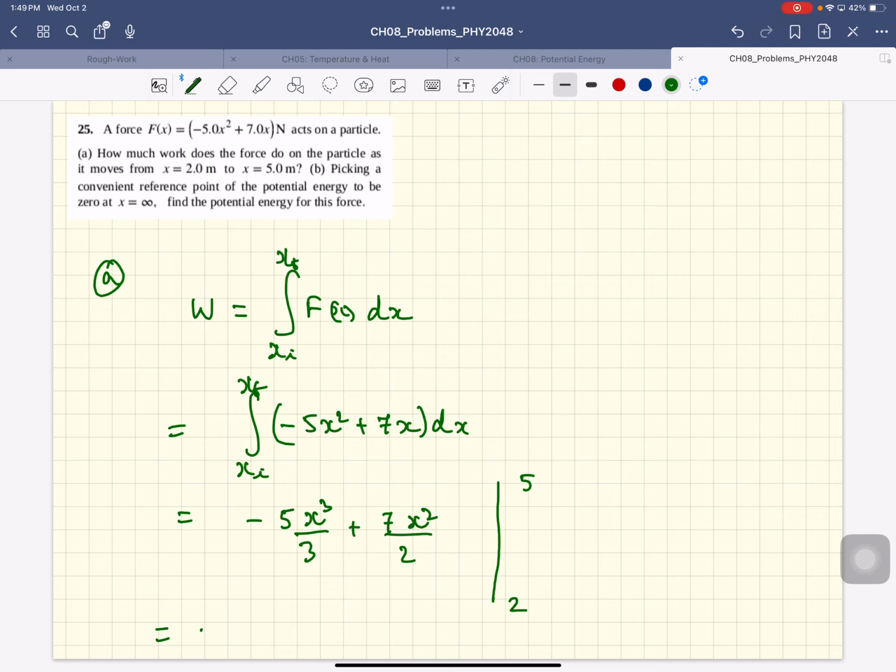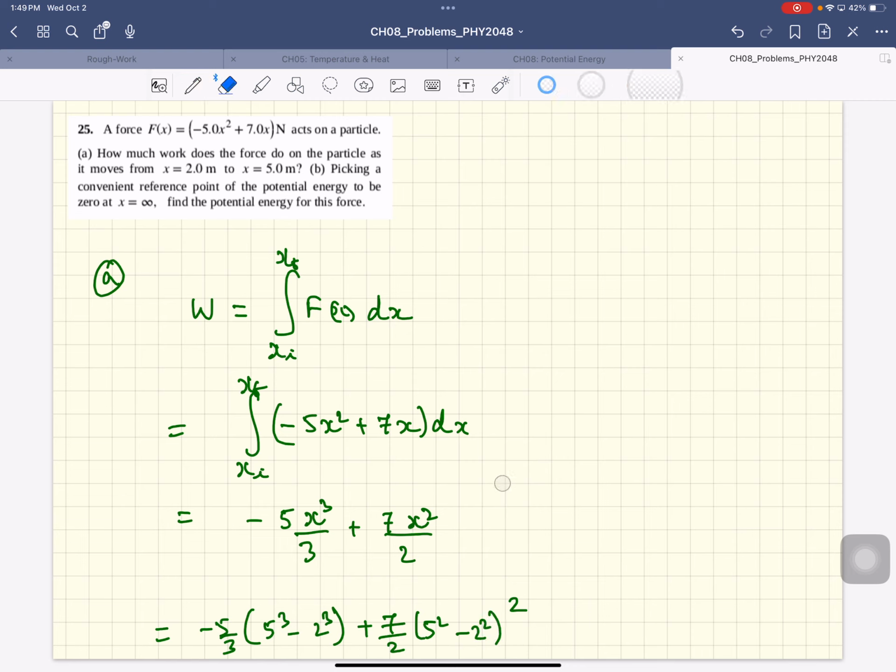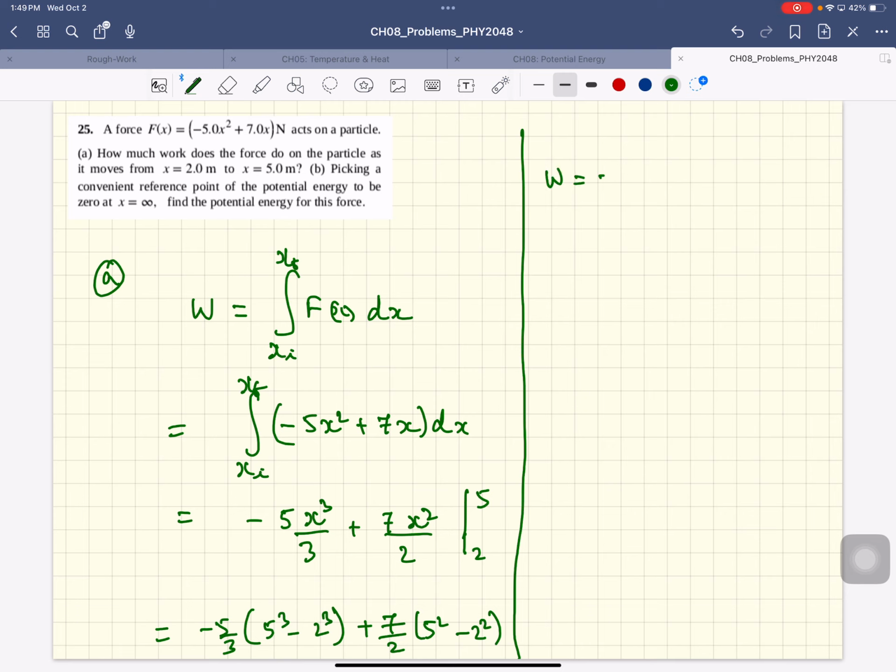Okay, so it's minus 5/3 times (5 cubed minus 2 cubed) plus 7/2 times (5 squared minus 2 squared). Okay, so that's 10.5.